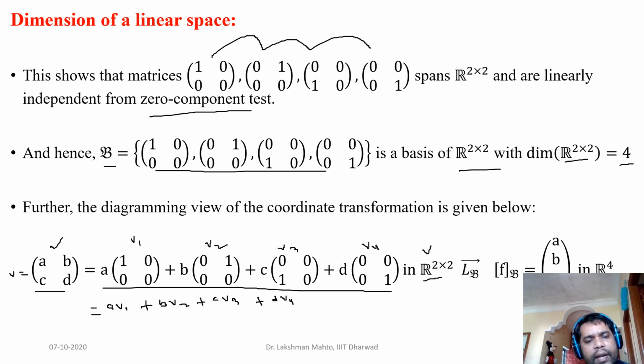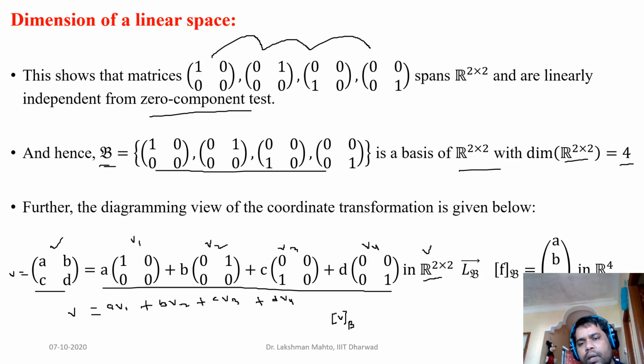But here this matrix itself is an element of this collection of 2 by 2 matrices, so we give it a representation of small v. So what is the coordinate of v with respect to this basis of R2 by 2? We denote it with a square bracket, then put the basis beta as a suffix.